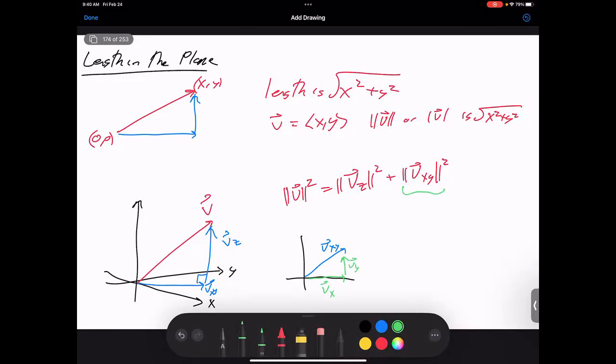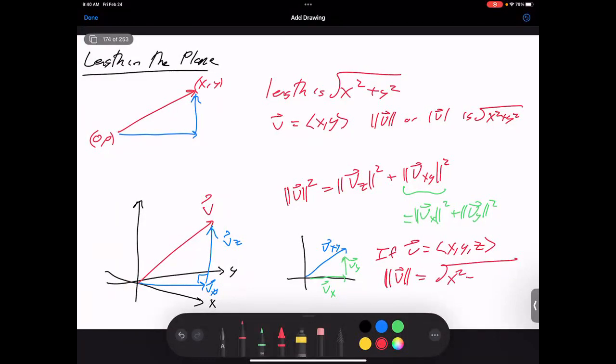So this part here would equal the length of vx squared plus the length of vy squared. So putting it all together, if v is x, y, z, we would get the length of v is the square root of x squared plus y squared plus z squared. And the way we get it is we just used Pythagoras twice.